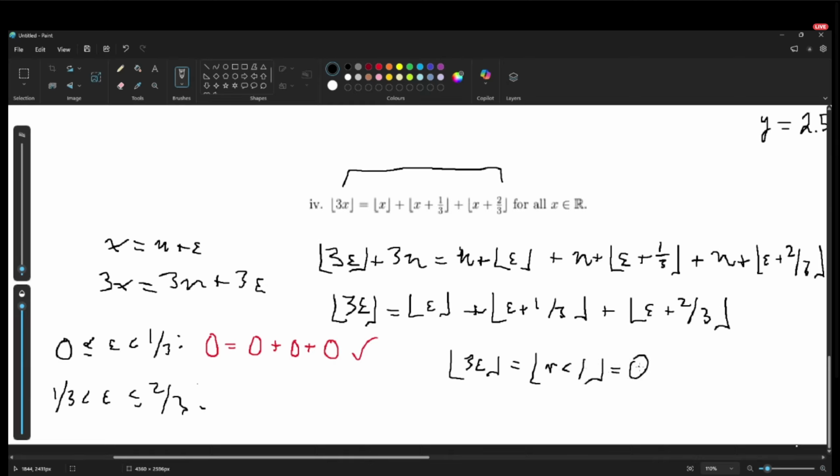So 0, right? I just subbed it in. This one is exactly equal to this, and this one's exactly equal to this. Does that make sense?